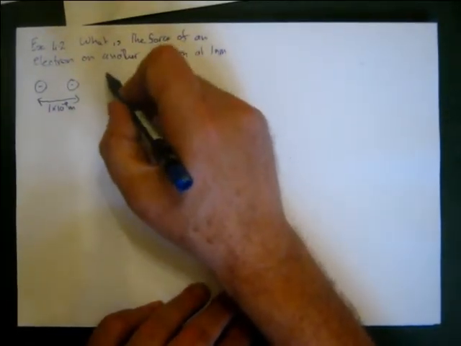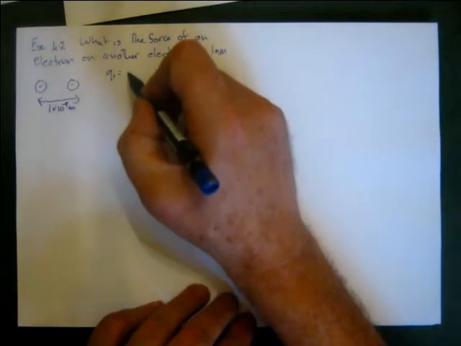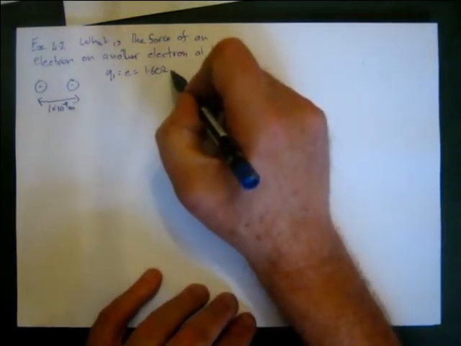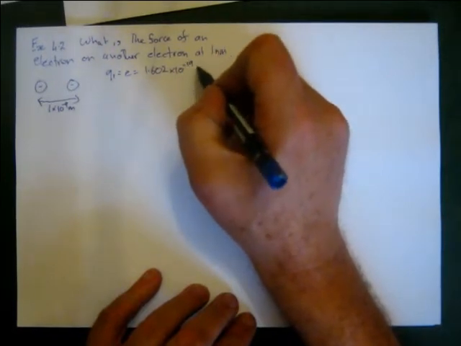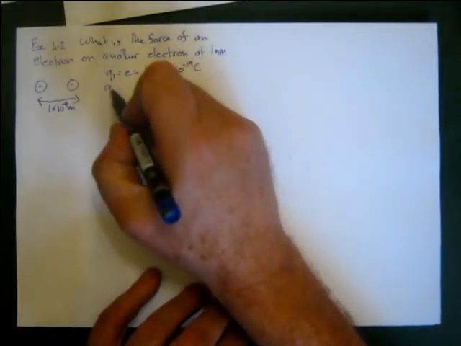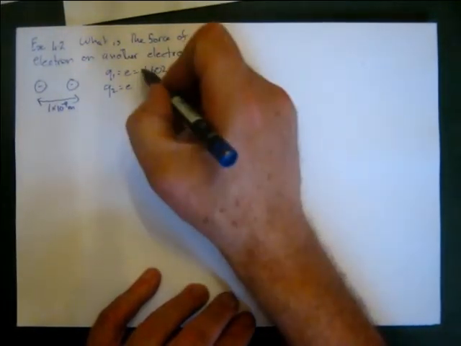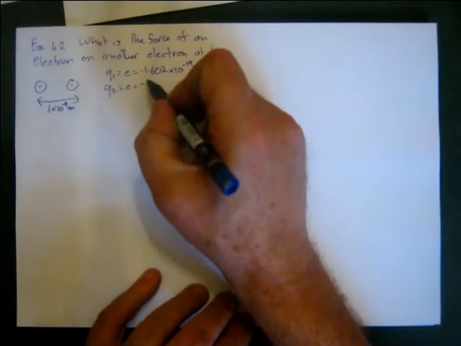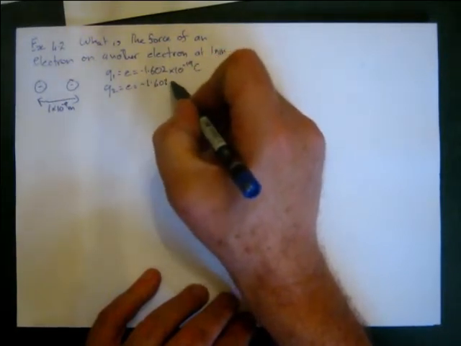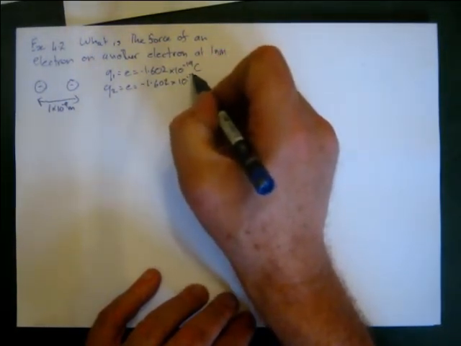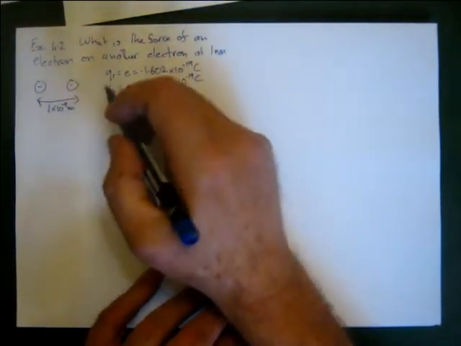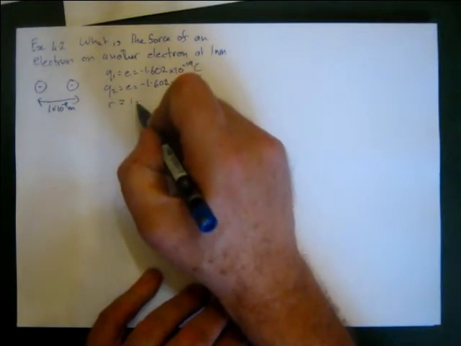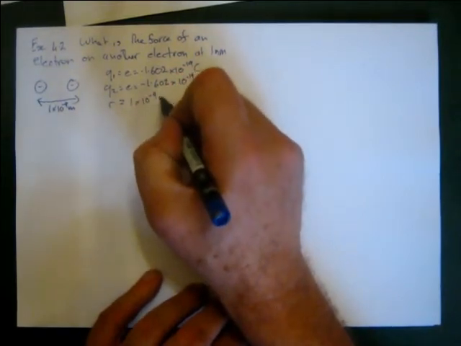We know Q1 is equal to an elementary charge, which is 1.602 times 10 to the negative 19 coulombs. We know Q2 is also an elementary charge, and that's going to be negative because that's an electron. Q2 is another electron, so that's also negative 1.602 times 10 to the negative 19 coulombs. And we know r, the distance between them, is 1 times 10 to the negative 9 meters.